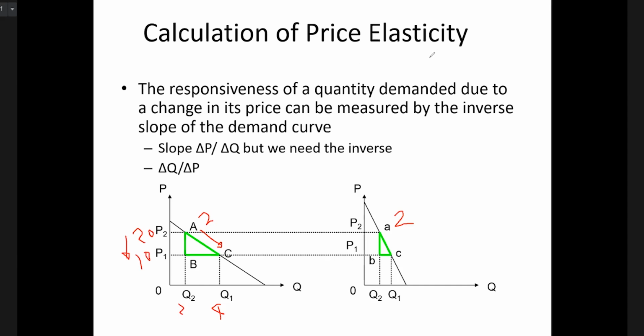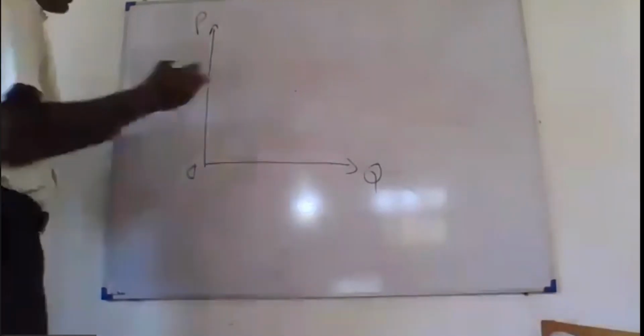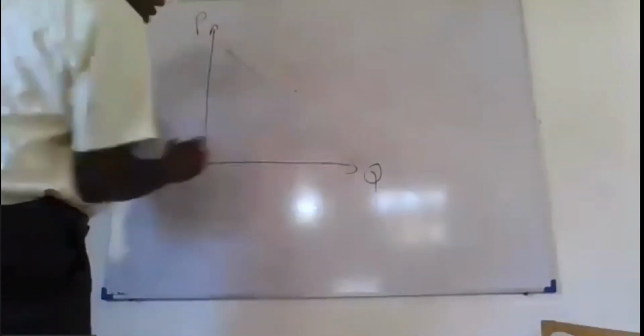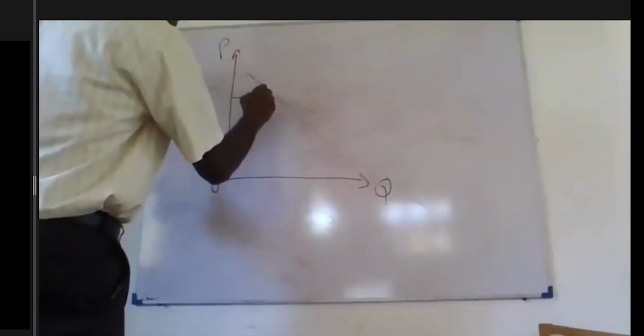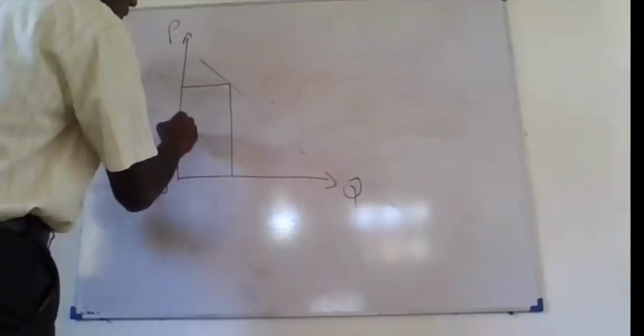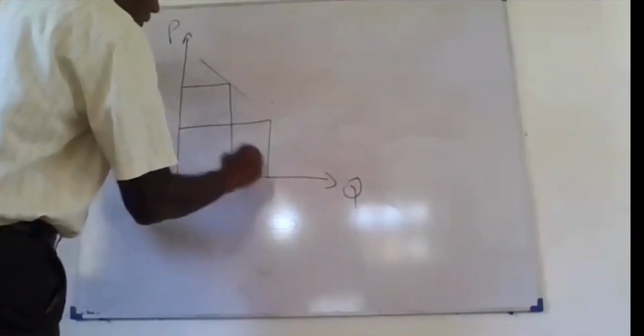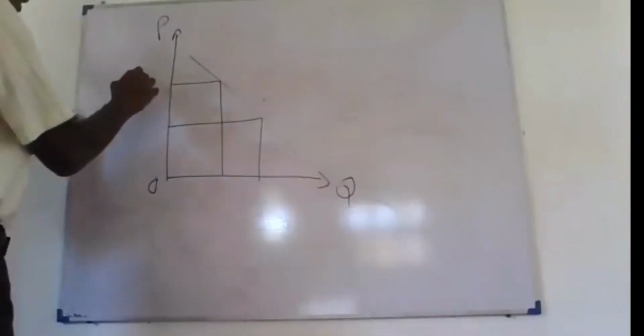Okay, calculation again. I think I will be using my board. In fact, I'm having some troubles when I use this one. So here what I did, we have the demand curve like this. So we had 2 points. The initial condition was here.